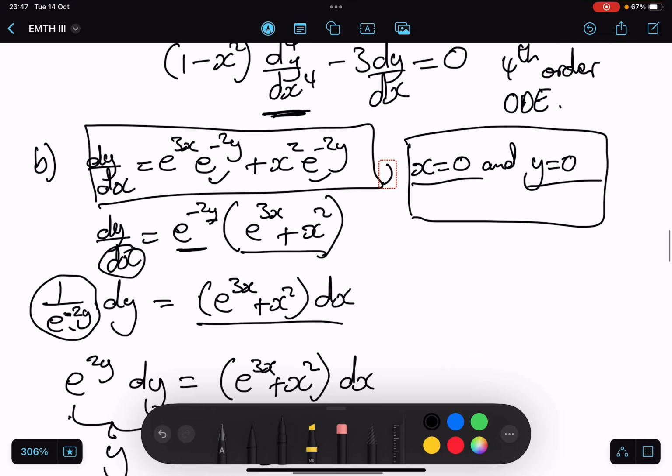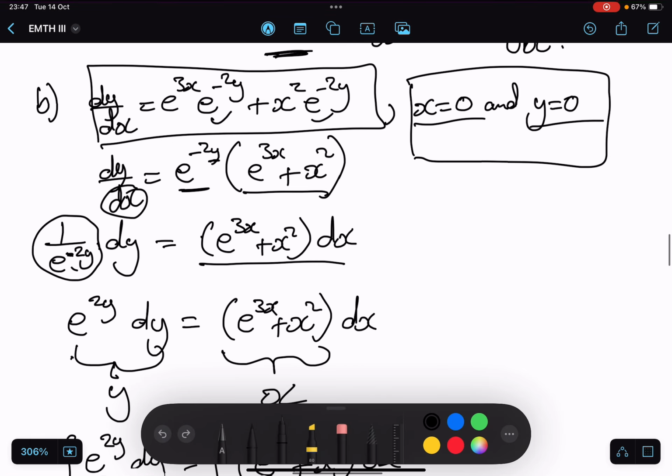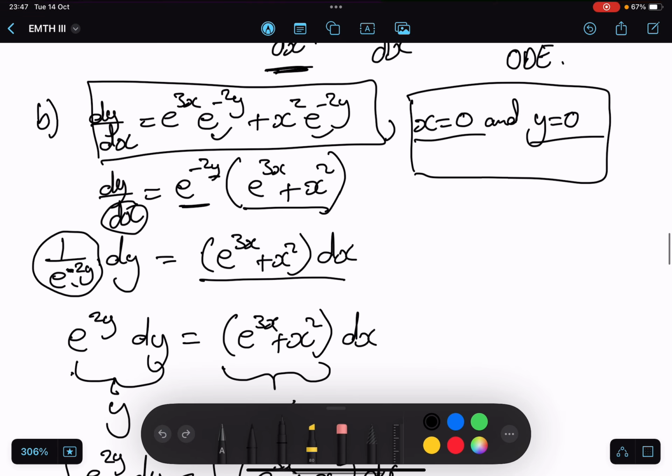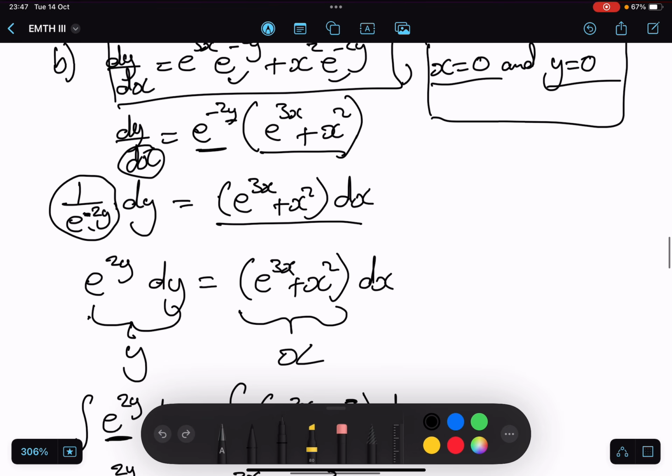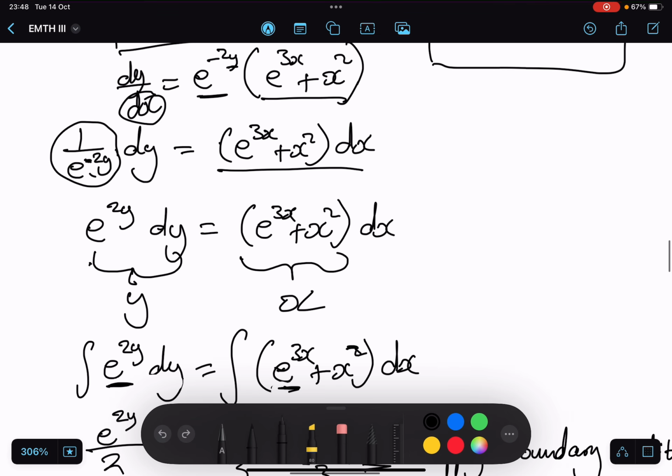We were tasked to find the particular solution, and we are finding the particular solution because we have the boundary conditions. We were asked to use the separation of variables method, so we first had to simplify and then group this equation according to the two variables, which were x and y.